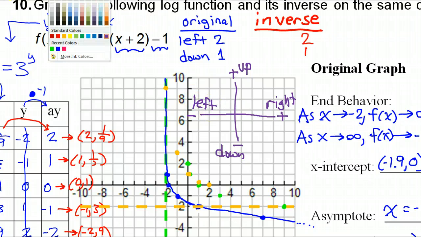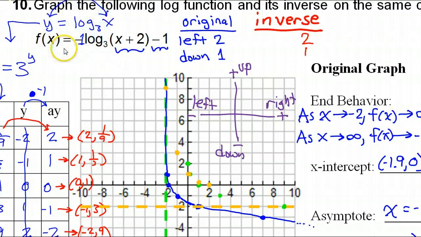So what happens is, if you want to talk about the shifting that's happening when you go from the original to the inverse, the two positive words, up and right, will be reversed.